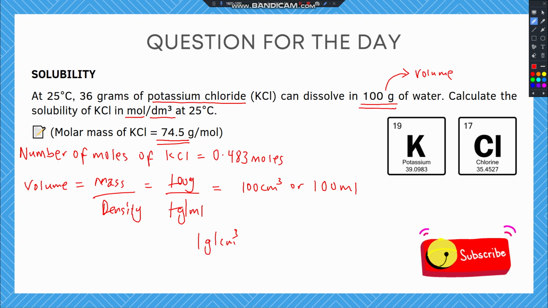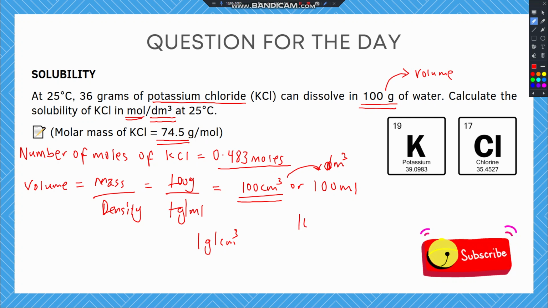So now we have the volume of water and we have the number of moles of potassium chloride. Now, there is one little conversion we also need to do. They said we should calculate the solubility in moles per dm³. The volume of water we have here is in cm³, so we need to convert it from cm³ into dm³. So how do we do that? When you want to convert from cm³ to dm³, you simply divide by 1000.